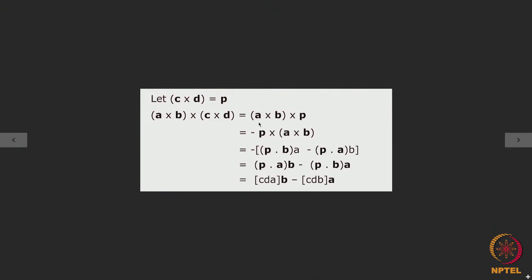So, it will be A cross B cross P. So, if you want to bring P on this side, it will be minus P cross A cross B, then it will be P dot B A, because we know this product, minus P dot A B. So, it will be finally the box product of C D A B minus box product C D B A.